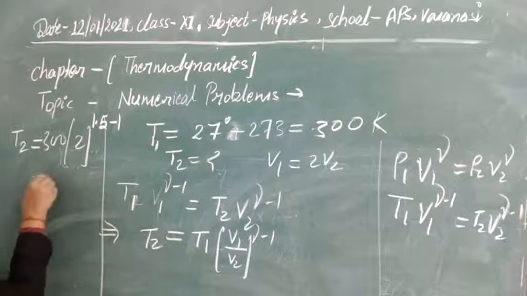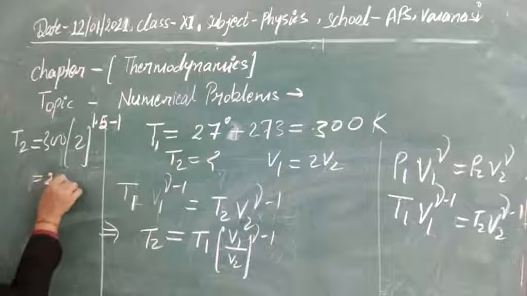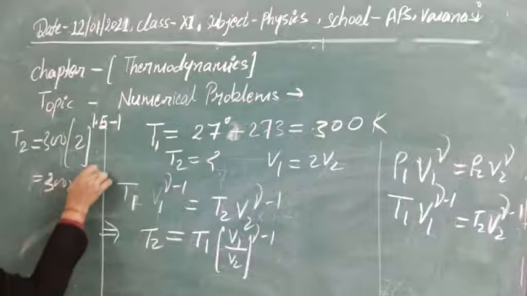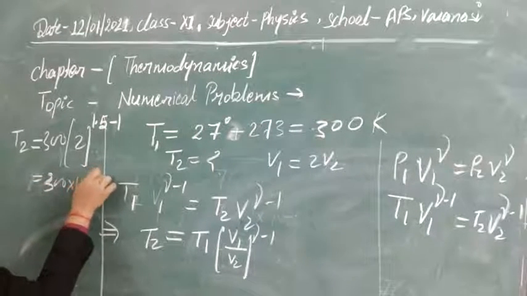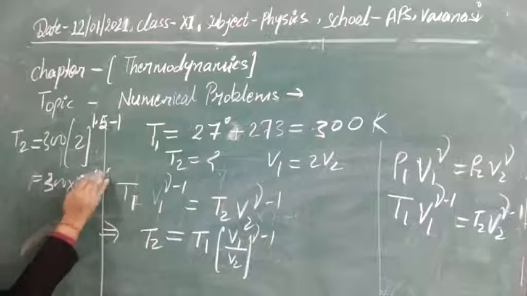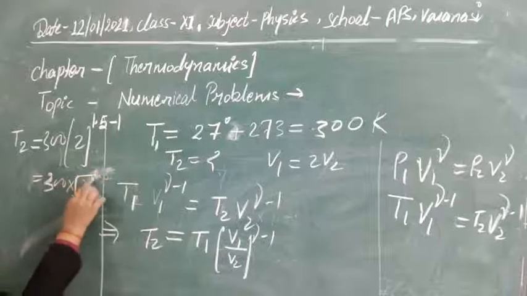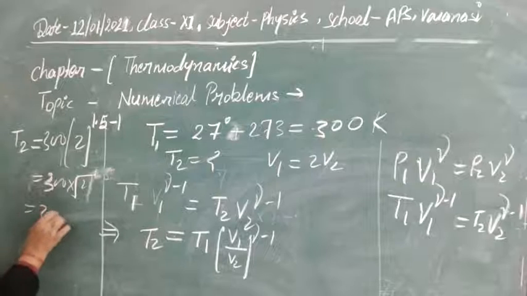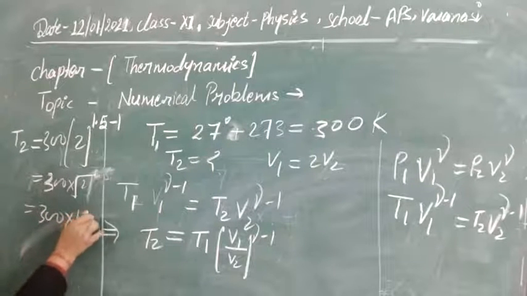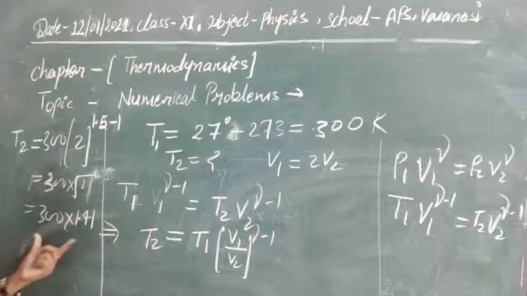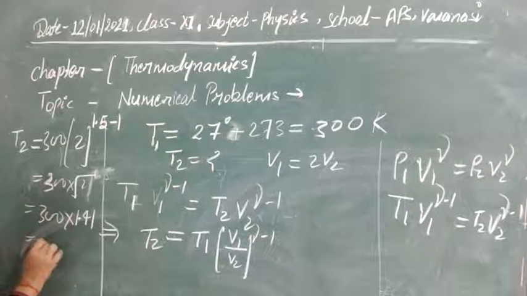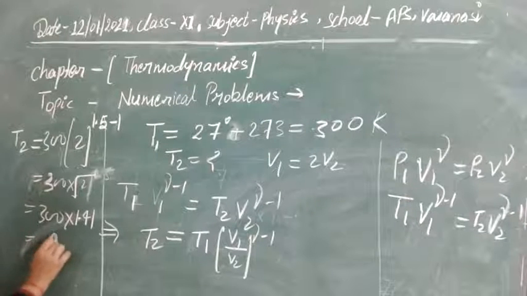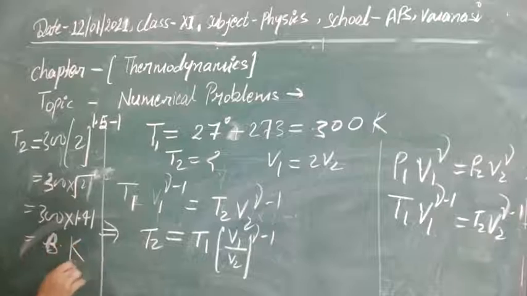Now if you solve it, this will be 300 into 2 power 0.5, means √2 you will get finally. And let's put the value of √2 here, that is 1.414, and if you solve it, you will get the temperature, suppose B, that is in Kelvin.